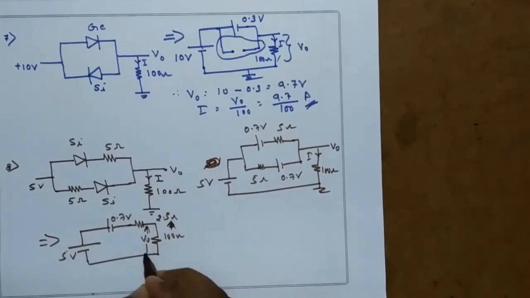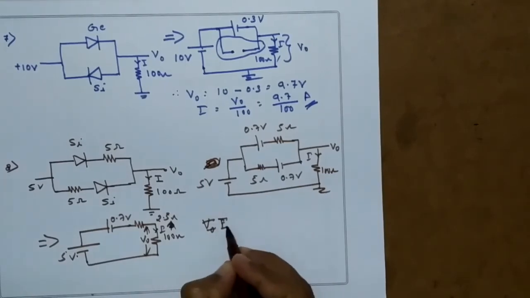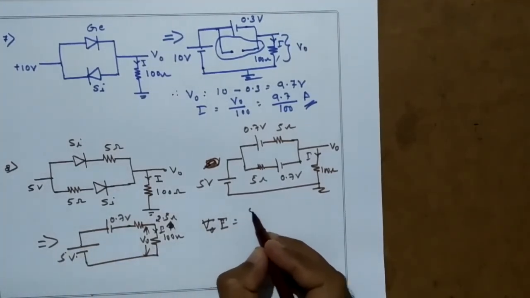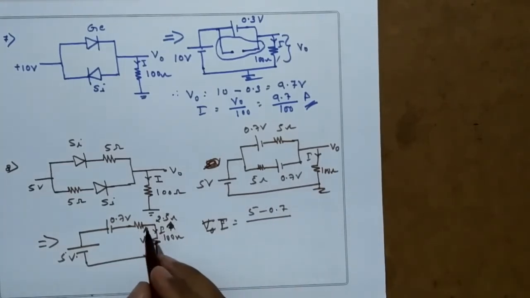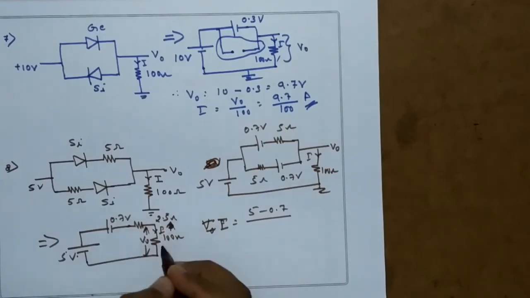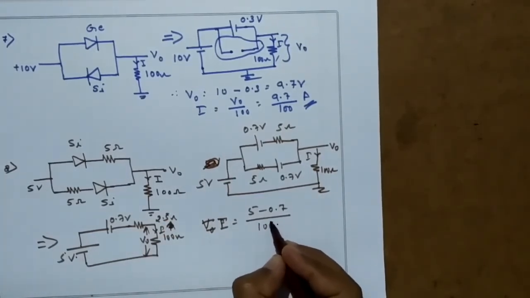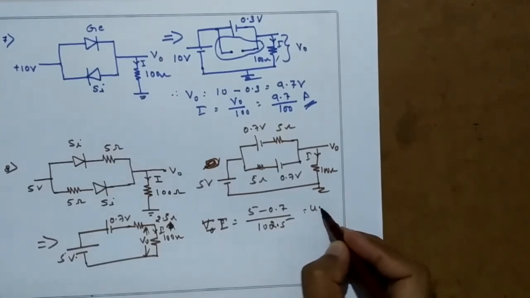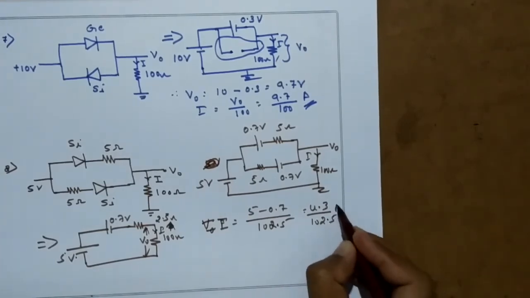Here V0 and I. So first we'll calculate I. I is equal to V by R. V is 5 minus 0.7 divided by R is 2.5 plus 100. So this is equal to therefore 4.3 divided by 102.5 amperes.